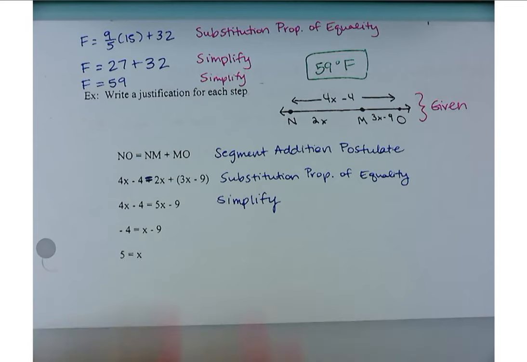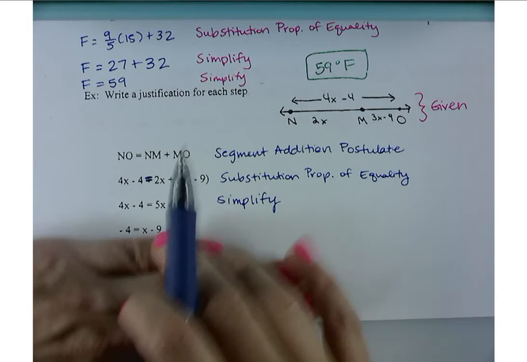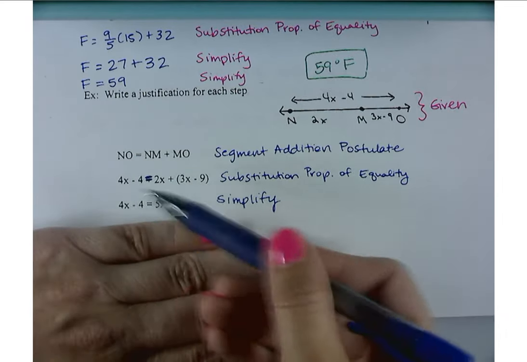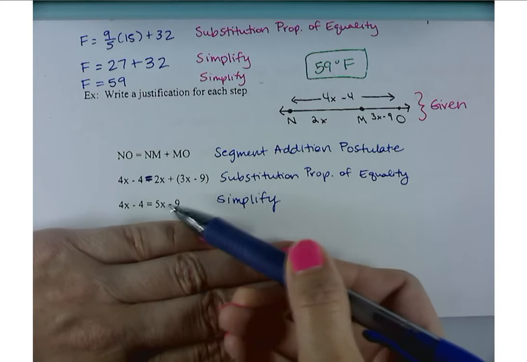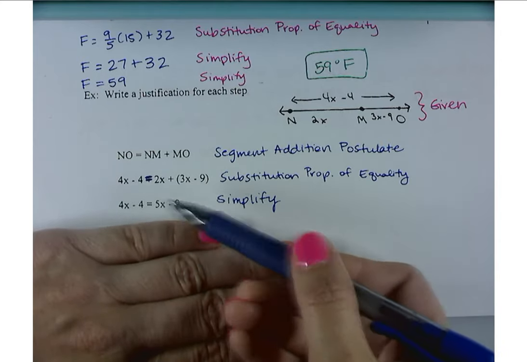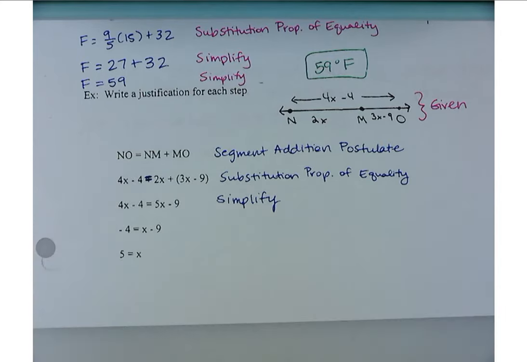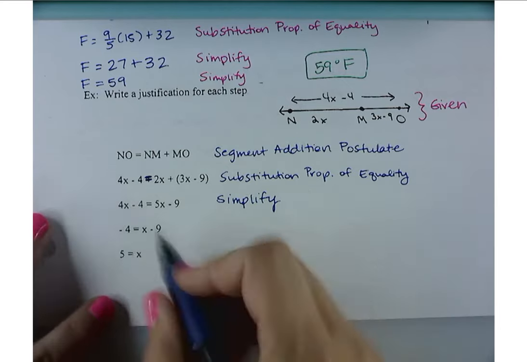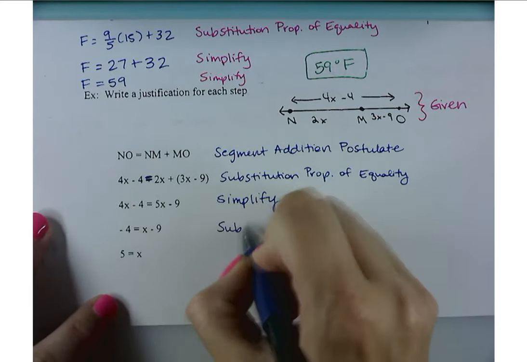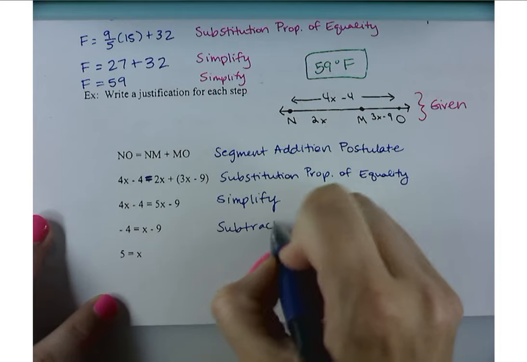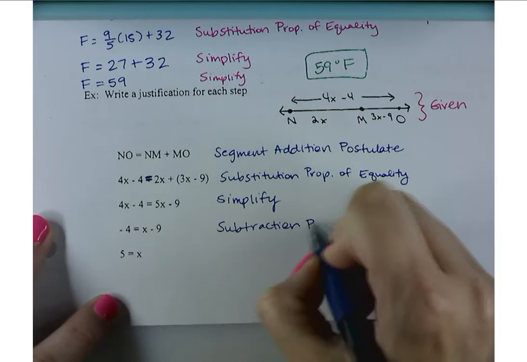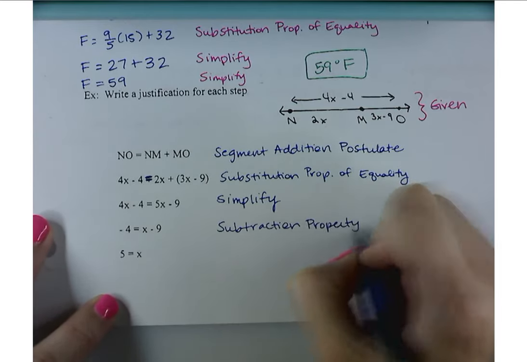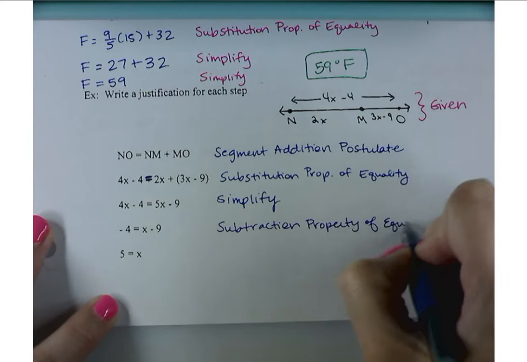If you're having trouble recognizing it, wouldn't your natural next step be to get all your x's on one side? So you might just be thinking, oh, I'm going to subtract that anyway. So this is going to be the subtraction property of equality.